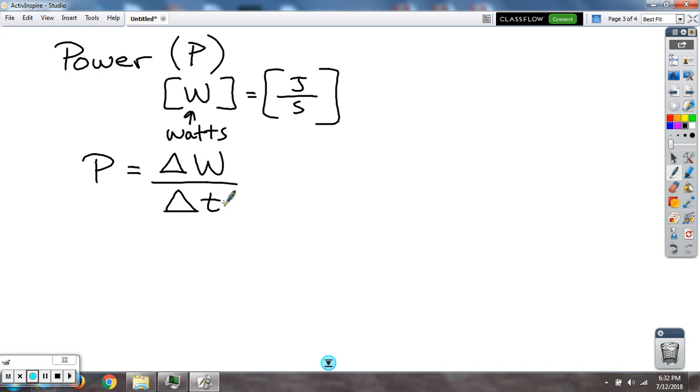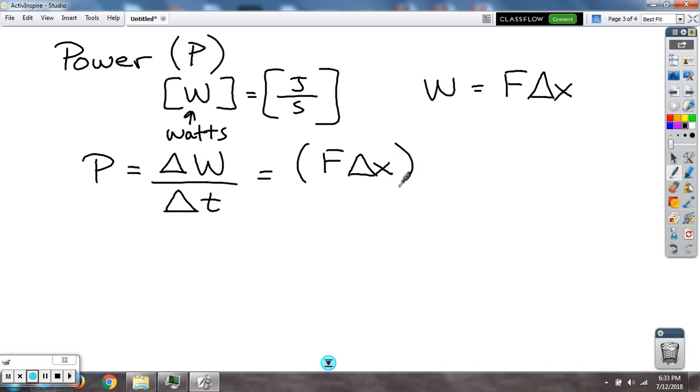Now, since work can be written in one form as F times delta X, then if we keep F constant, let's say, then I can write it this way. But delta X over delta T is the average velocity.